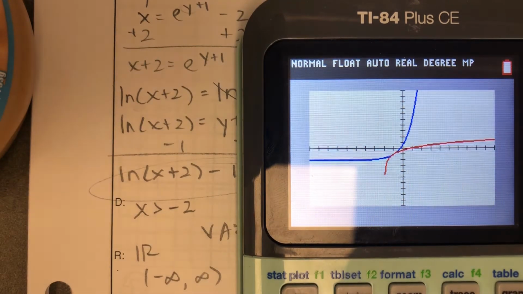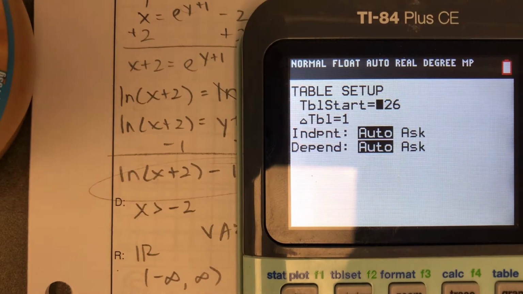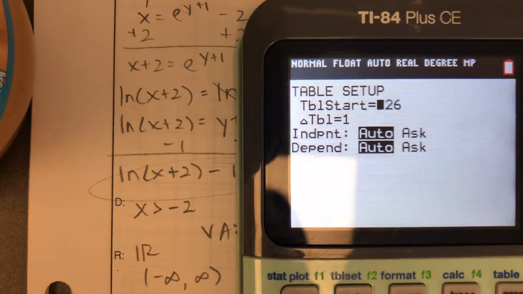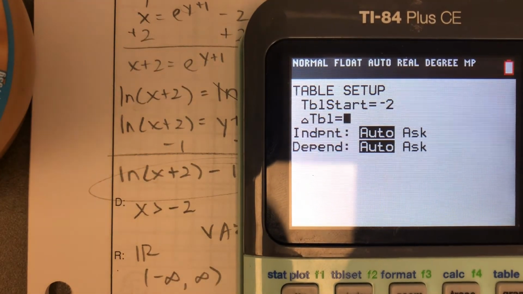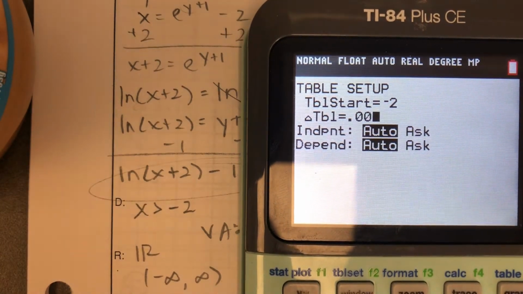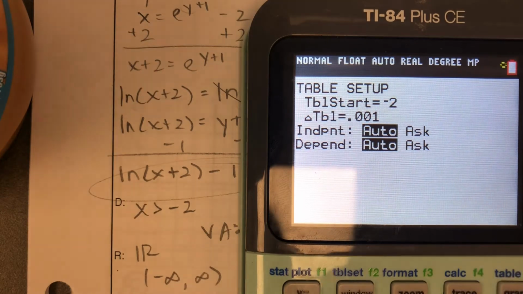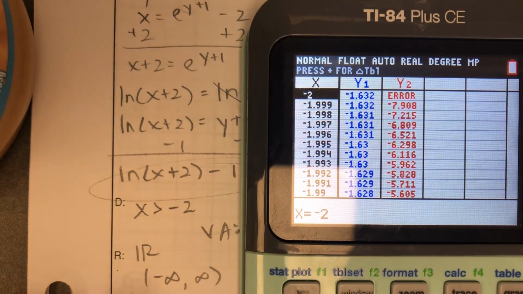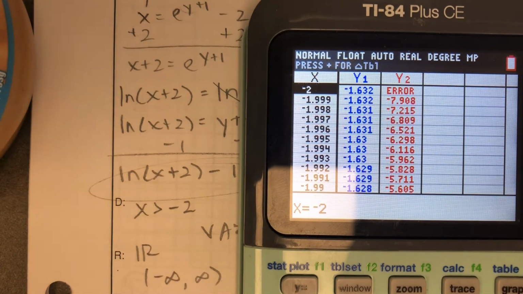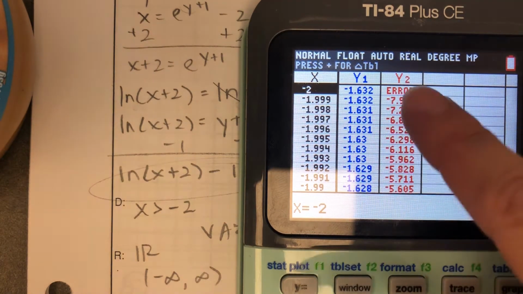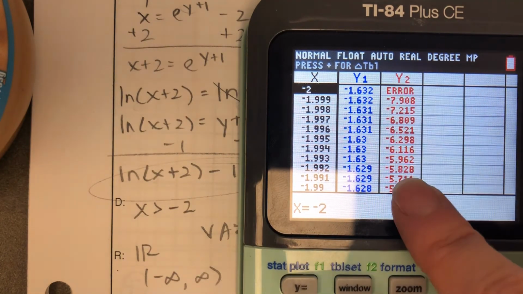And we could confirm that if we go to the table setup. If we start our table right around -2, and if we change the delta table to 0.001, if you take a look at the table, looking at the red graph, which was the log, so looking at your y values.